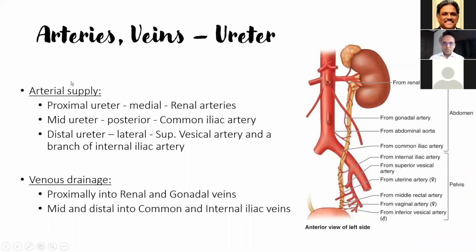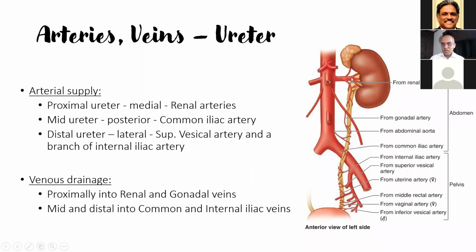Coming to the arteries and veins, the ureter has arterial supply in three different patterns. The proximal ureter receives blood supply medially, the mid portion receives blood supply posteriorly, and the distal portion receives blood supply laterally.